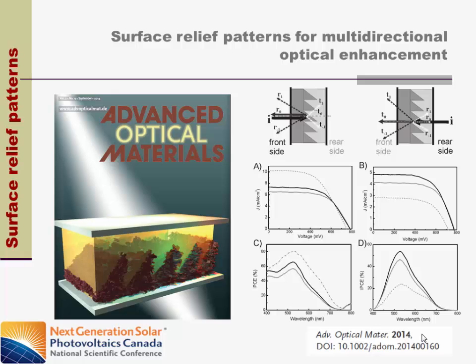And the good thing about a surface grating is that it will provide you diffraction with reflection modes and transmission modes. So when you illuminate from this side, you take advantage of the light that is diffracted through these reflection modes. So these are optically diffracted modes in reflection. And when you illuminate from the back, you can take advantage of the light that is diffracted again, but in this case you take advantage of transmission modes.